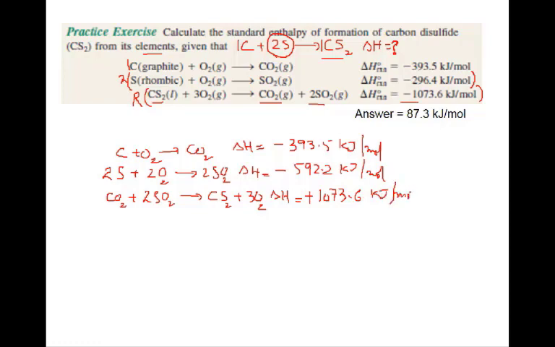Now you can make the total, delta H1 plus delta H2 plus delta H3. You see this carbon dioxide on the right side and carbon dioxide on the left side, sulfur dioxide on the left and sulfur dioxide on the right, both cancel. And this oxygen, 1 oxygen plus 2 oxygen, so total is 3 oxygen. This 3 oxygen cancels with the 3 oxygen on the right. So what is left?